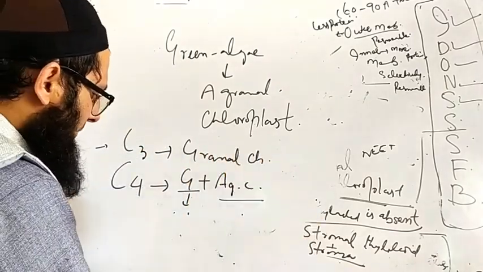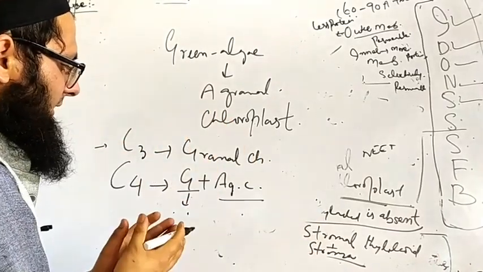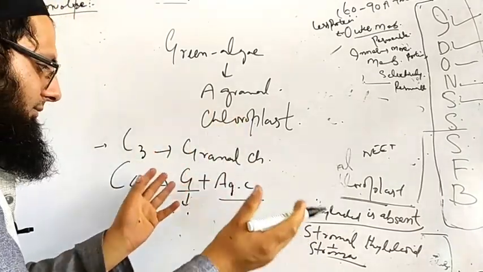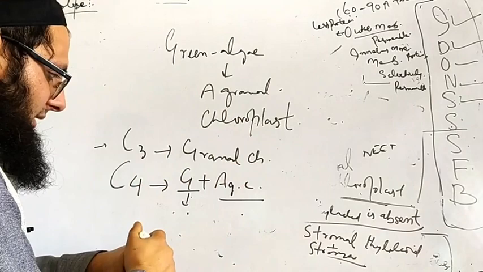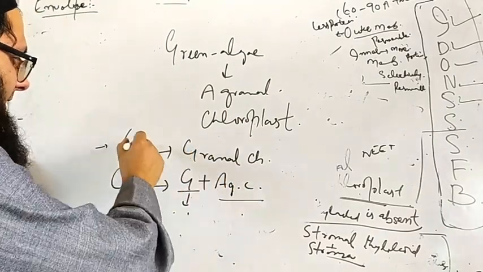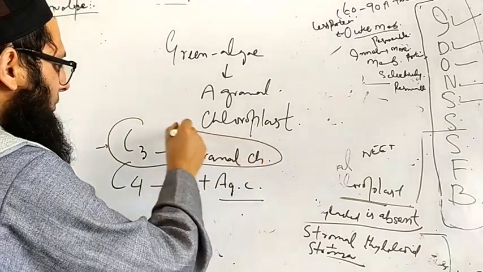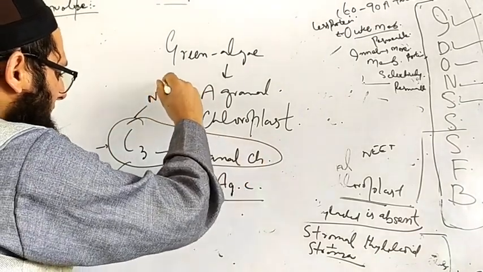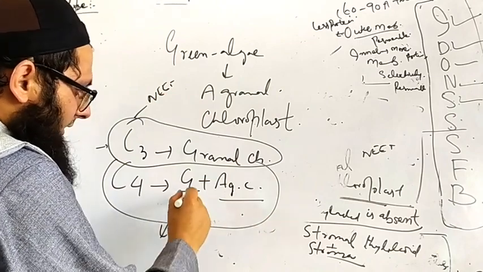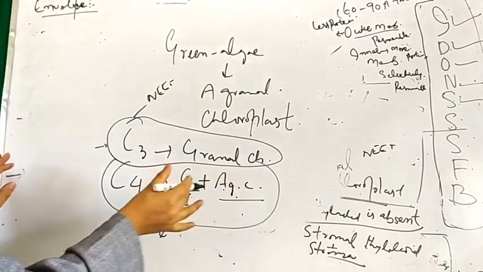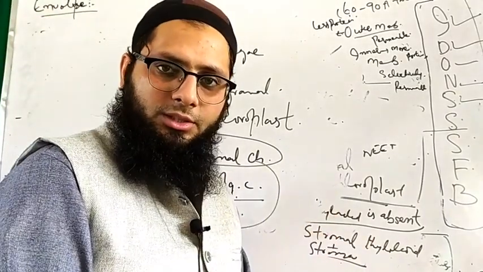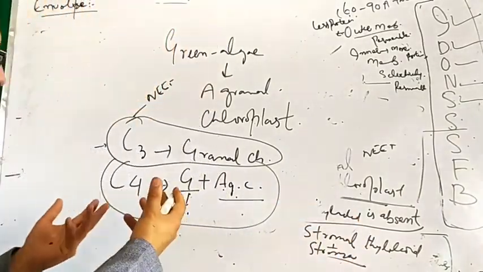Because in C4 plants we have an anatomy called the Kranz anatomy, with mesophyll and bundle sheath cells. So we can say in C3 plants we have only granal chloroplast, and in C4 plants we have granal plus agranal chloroplast. Both are present in different cells: in mesophyll we have granal, in bundle sheath we have agranal.